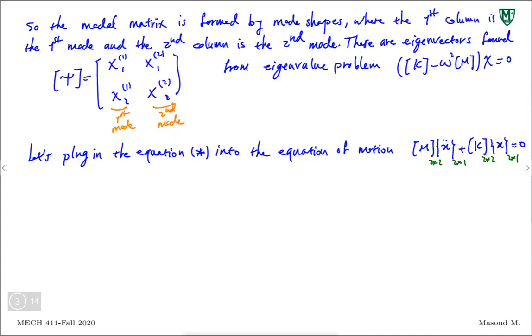If I do it, this becomes m psi q double dot plus k psi q is equal to 0.